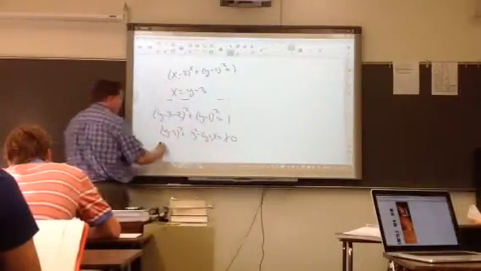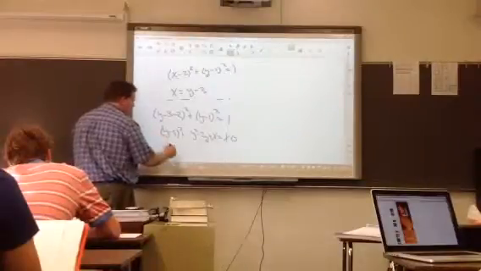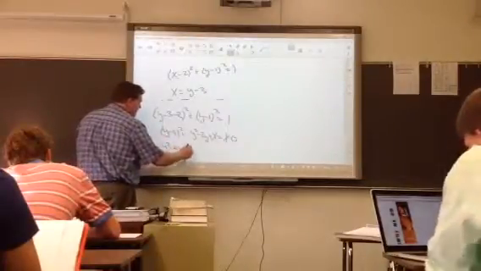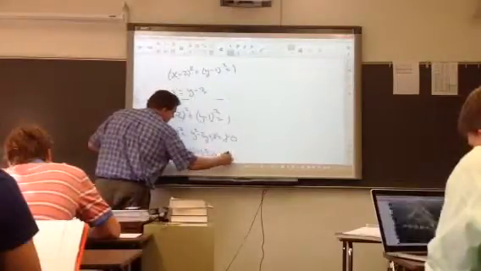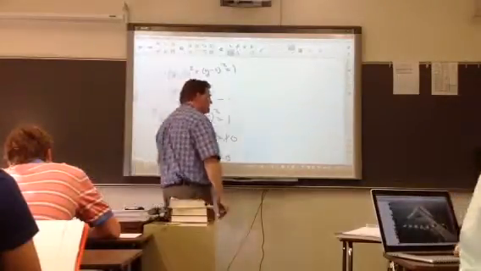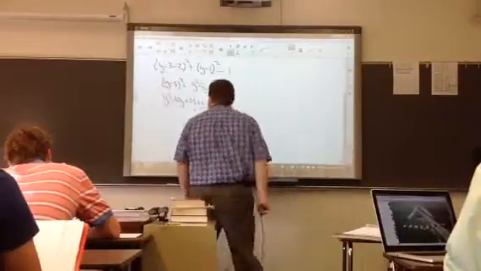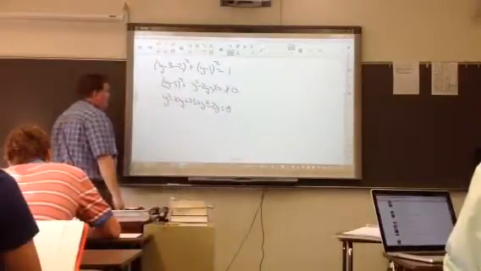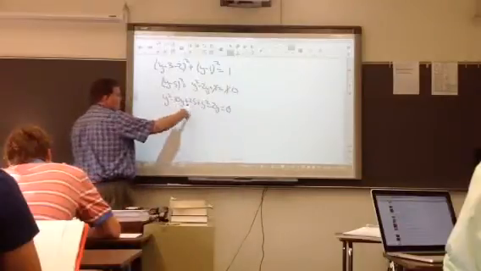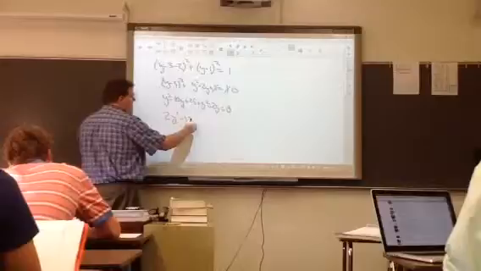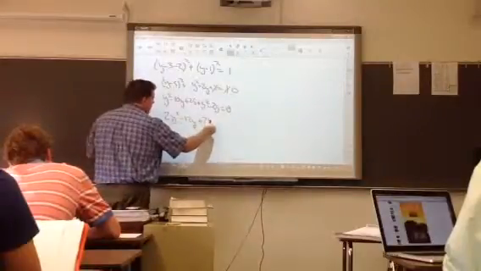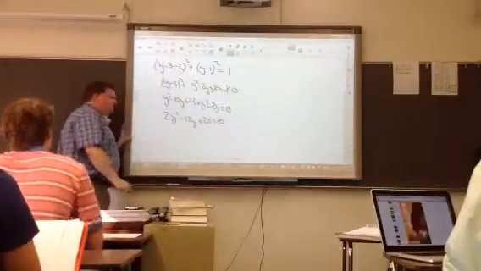And this expands to be y squared minus 10y plus 25 plus y squared minus 2y equals 0. And so now it's just a matter of cleaning this up further. I'm going to have 2y squared minus 12y plus 25 equals 0.